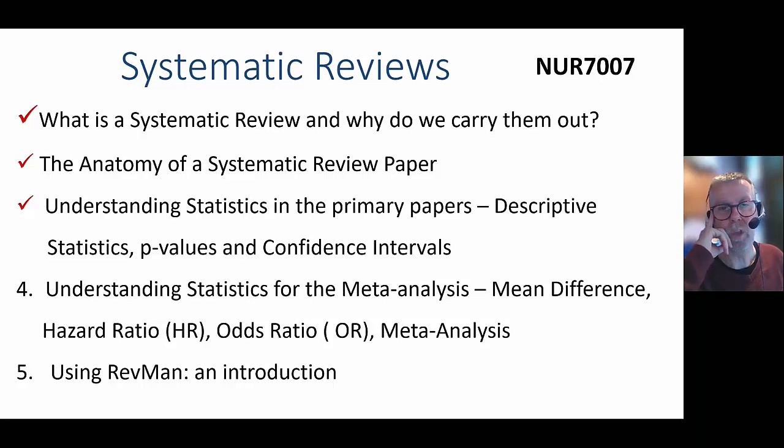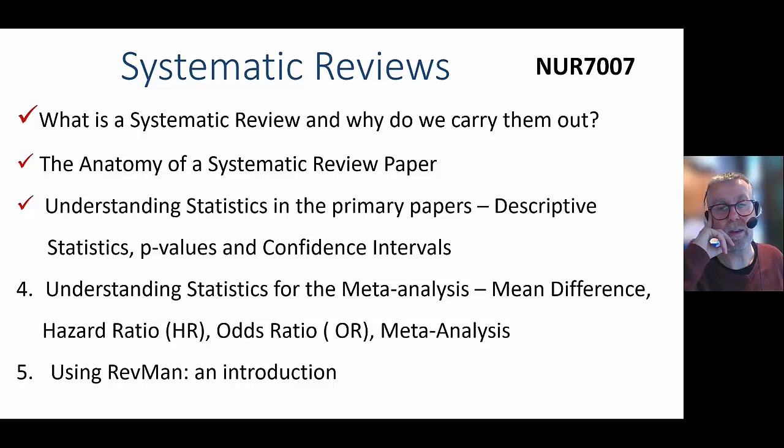In video 3, we looked in some detail at the key statistics that you will come across in your reading of the primary research papers. I introduced you to the concepts of the hazard ratio, the odds ratio, and the risk ratio. Now in this video, video 4, I also intend to explain in context other key statistics that are particularly specific to doing a meta-analysis within a quantitative systematic review.